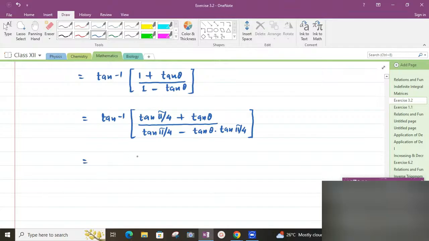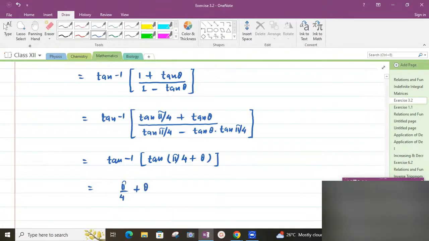So here next step will be tan inverse here will be tan pi by 4 plus theta equal to here will be tan pi by 4 plus tan theta by 1 minus tan theta into tan pi by 4. So we know that tan inverse tan equal to here will be pi by 4 plus theta.